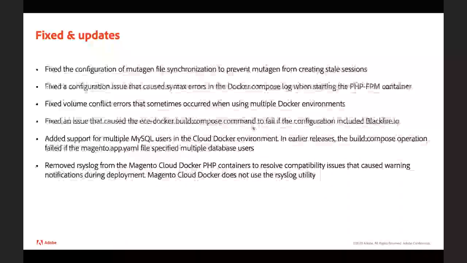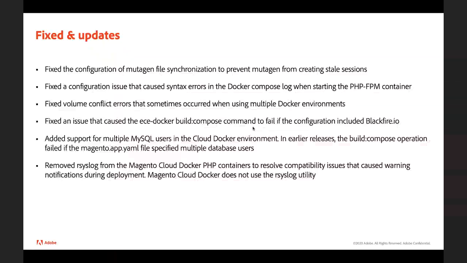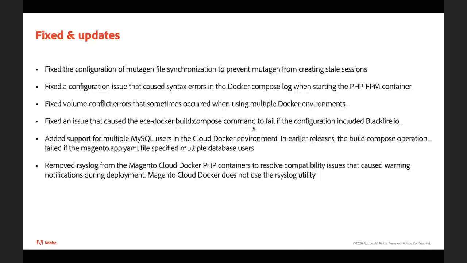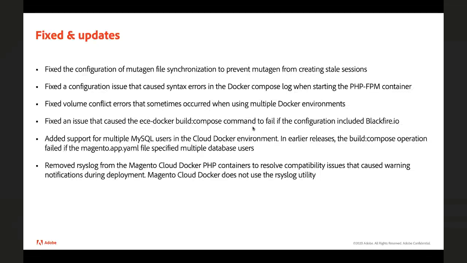Also, we fixed mutagen and PHP-FPM configuration, fixed volume conflicts when you're using multiple Docker environments, fixed an issue during Docker Compose generation if configuration includes the Blackfire extension, added support for multiple MySQL users, and removed the rc log from the Magento Cloud Docker containers.